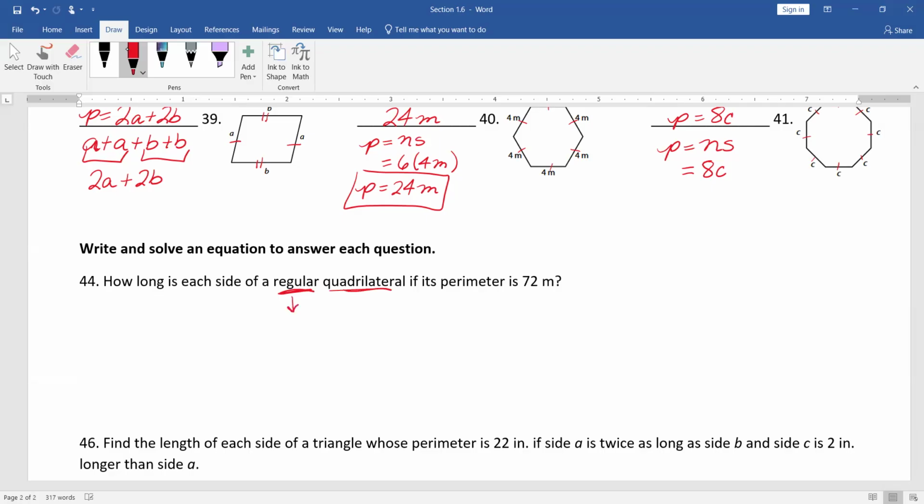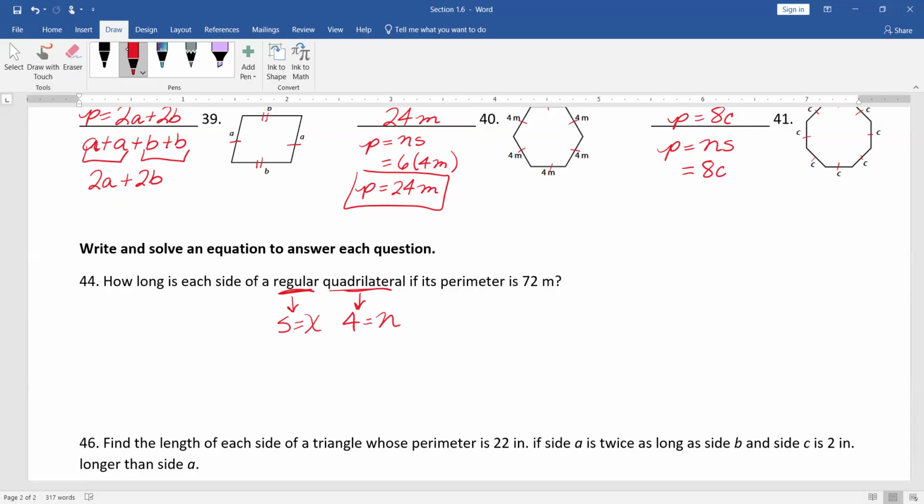So regular means all the sides are the same length, and quadrilateral tells me that there are 4 sides. So 4 equals n, the number of sides. And then s equals x.